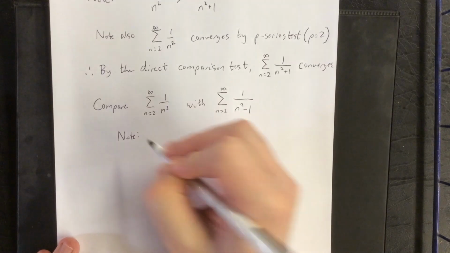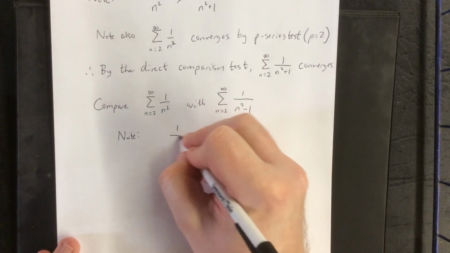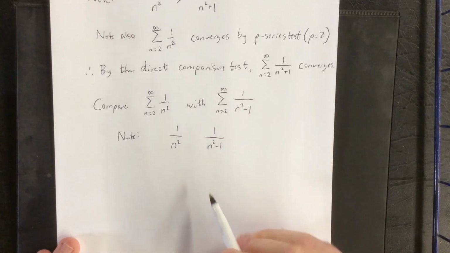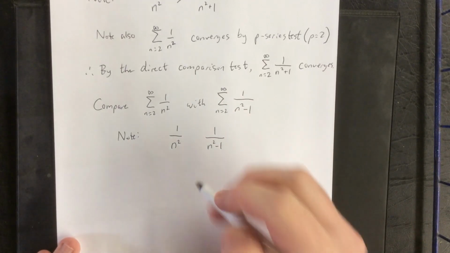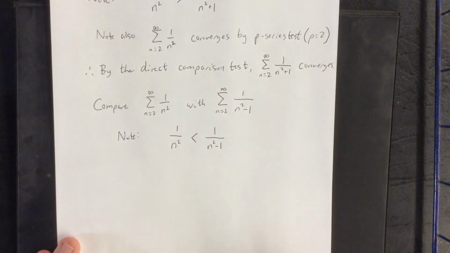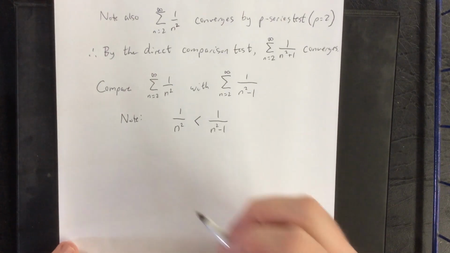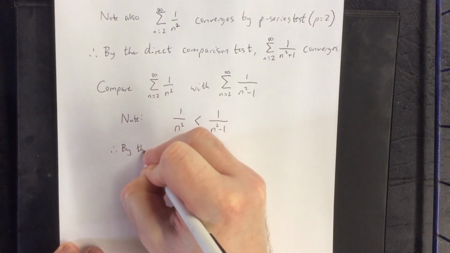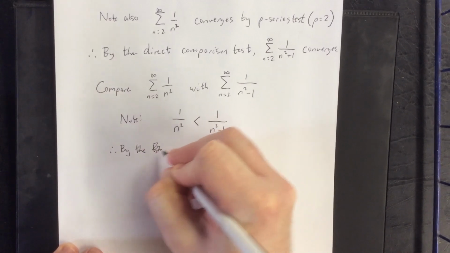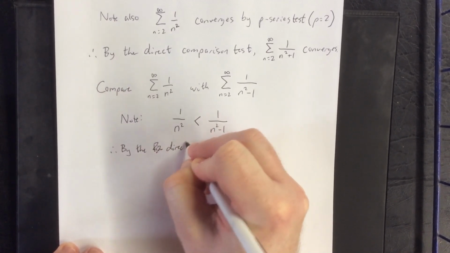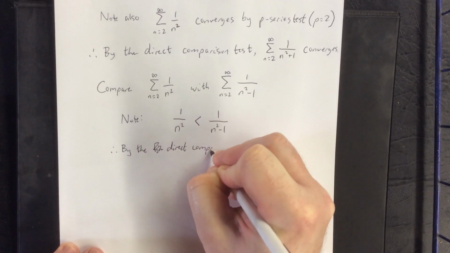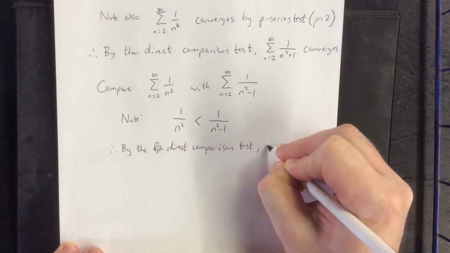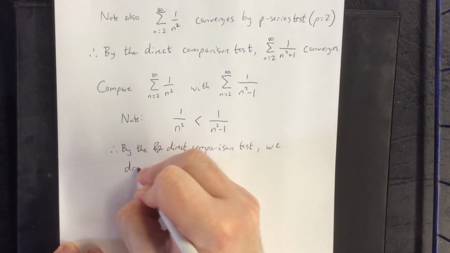One thing to take note of is that if we were to compare these two, this one has a smaller denominator and therefore is larger. Therefore, by the direct comparison test, we draw no conclusion.